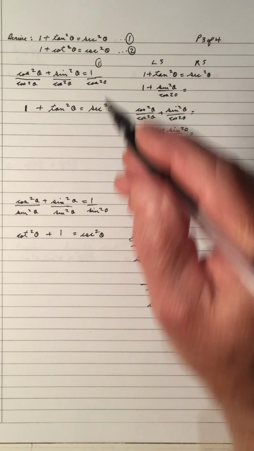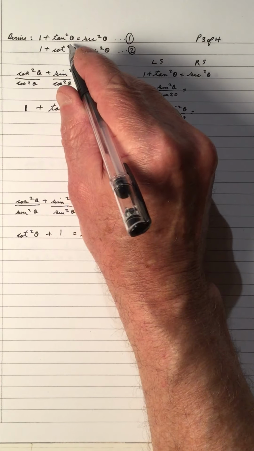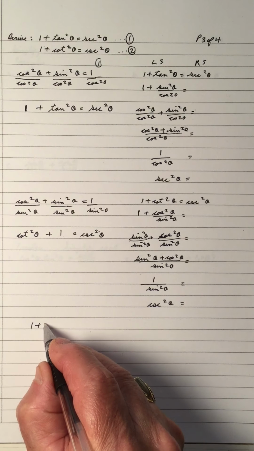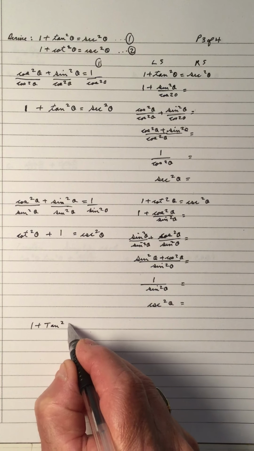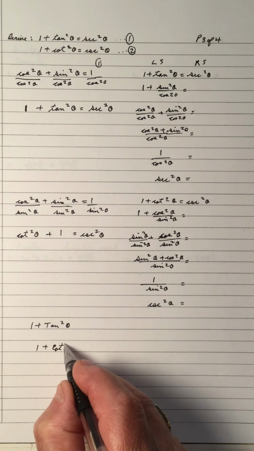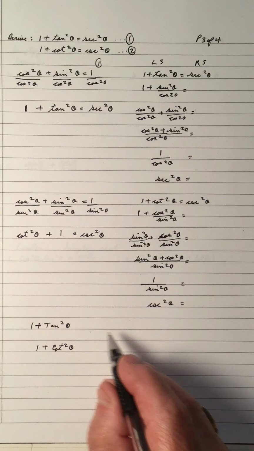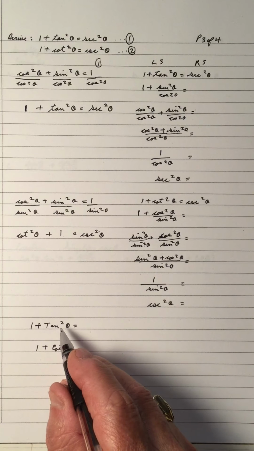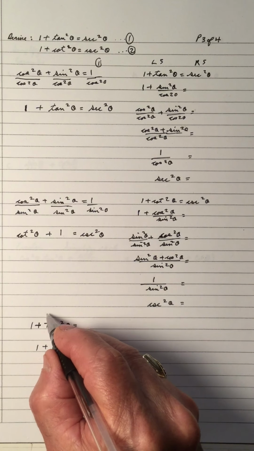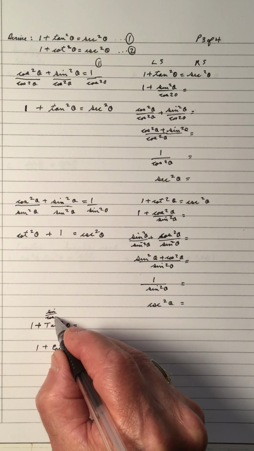So from now on, when you see these two, that's 1 plus tan squared, 1 plus cosecant squared. When you see these, you'll say, how do I know? Well, remember, tan is sine over cos.